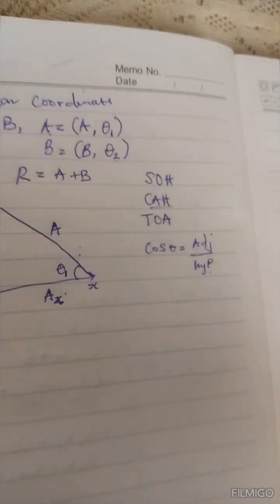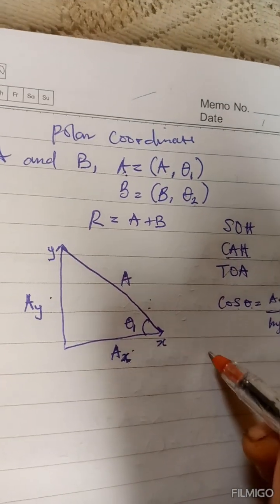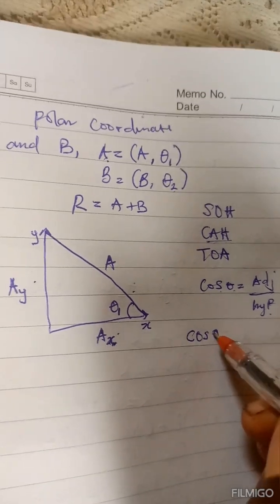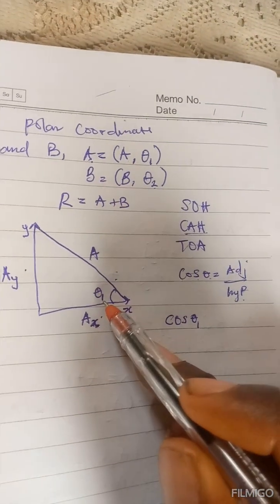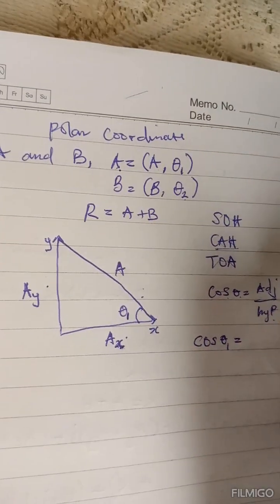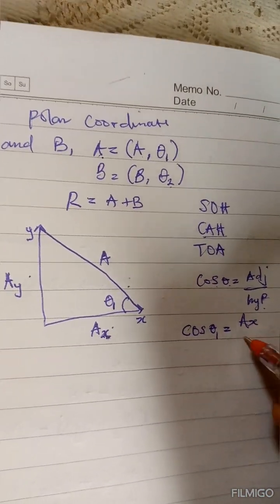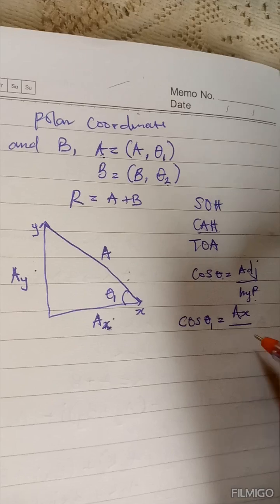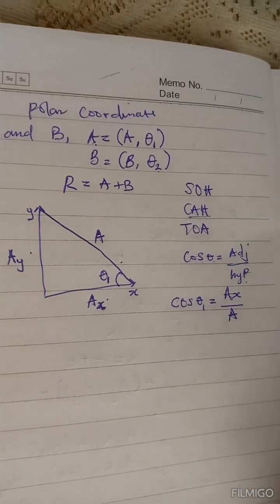Okay, so resolving this, I would have cos theta 1, because my angle is theta 1, equal to adjacent, which is ax, over hypotenuse, which is a, right?